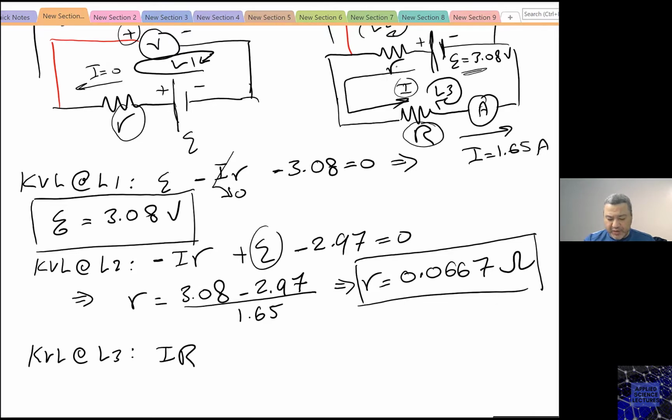This is the same for the little r. It is anti-parallel for the little r, so it is plus I r small. It is entering the positive for the electromotive force, which means minus epsilon, right? And then equals to 0.